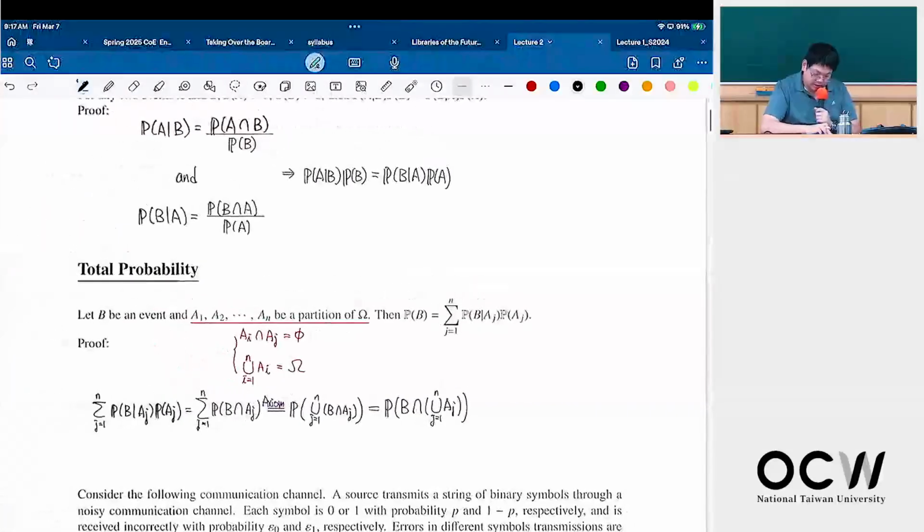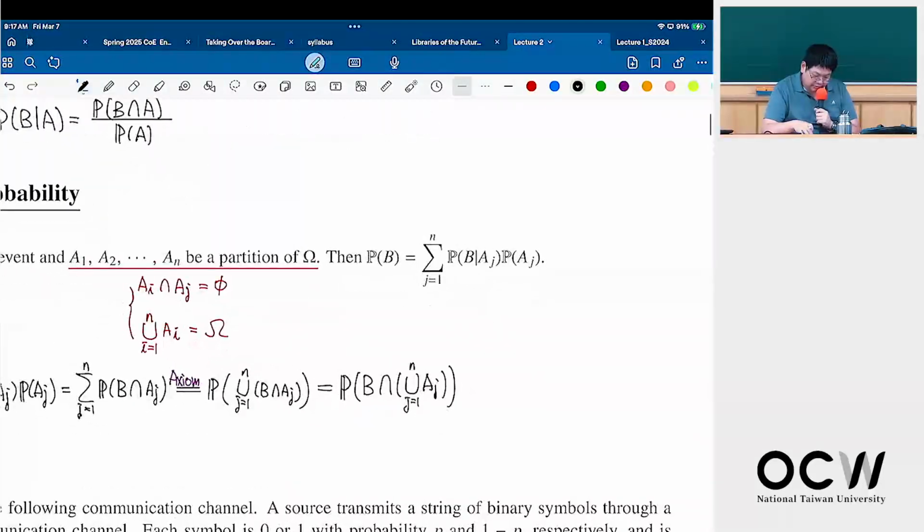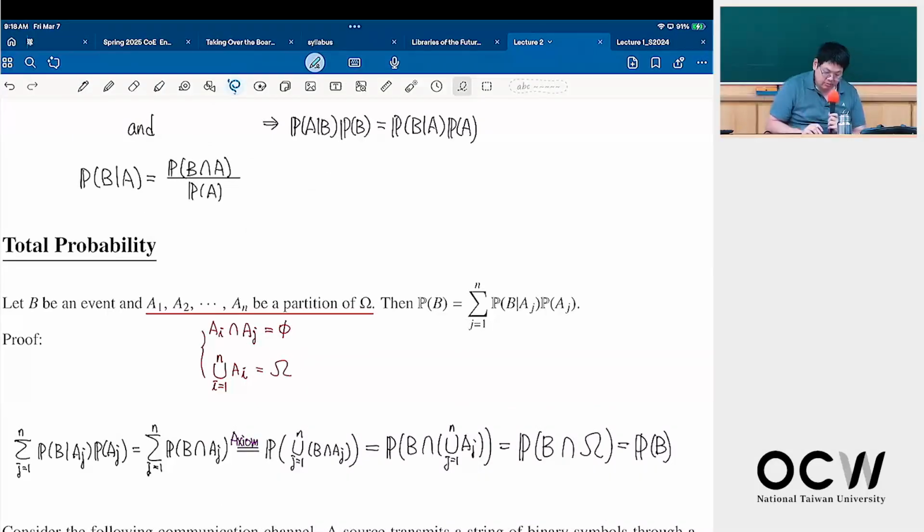And then that will be the probability of B intersect the universal set. That is the probability of B. Later on we will use the total probability and also Bayes theory in the future.